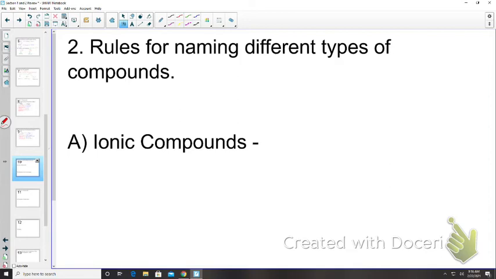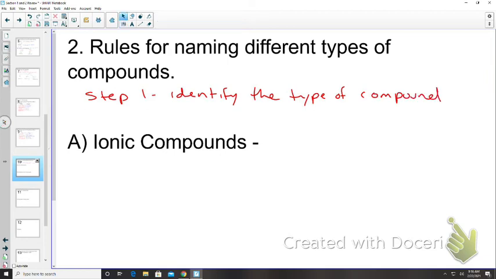as we're naming different types of compounds, we have different rules for naming those different compounds, right? So first thing, step 1, identify the type of compound.